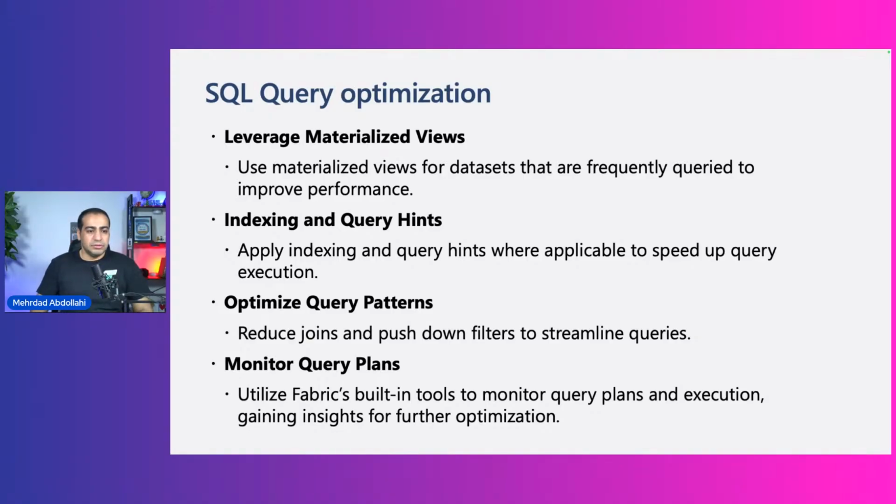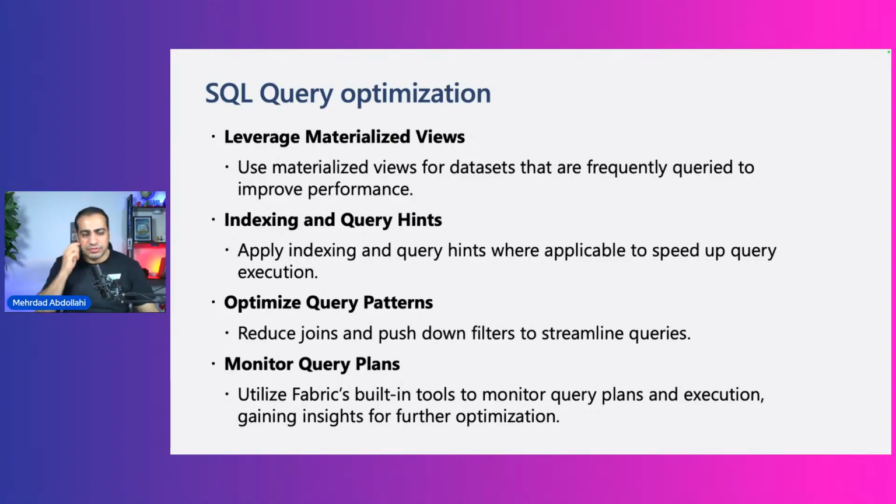Indexing and query hints are fantastic when applicable to speed up your query executions. If there is any filtering, or any join between the objects that you have in your warehouse or data store, optimize the query patterns, reduce the joins, and push down filters to streamline queries.